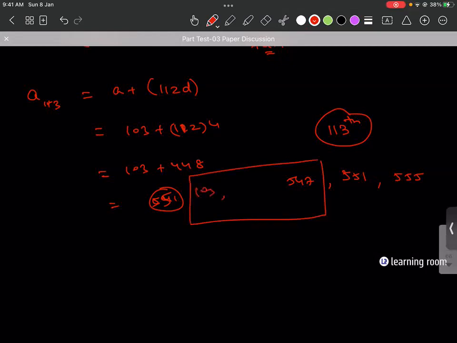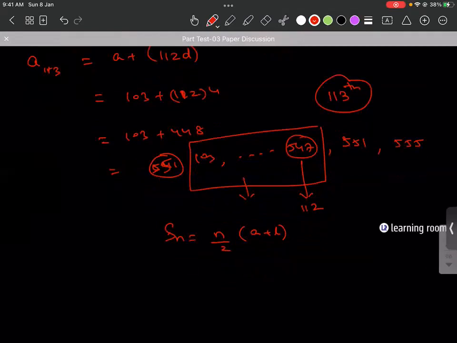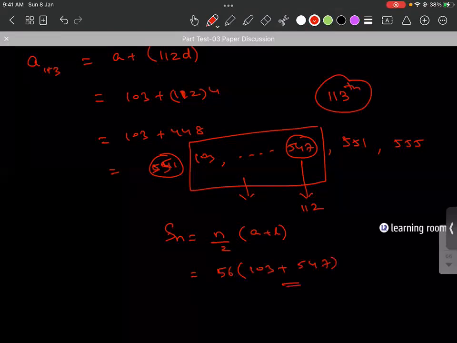So I need to find the sum of the numbers on the left of the middle term. Starting from 103 to this, how much will be the sum? Sn will be equal to, which term is this, guys? 112th term. It will be n by 2 into a plus l. 112 by 2 is 56, into a, which is 103, plus l, which is 547. Correct?